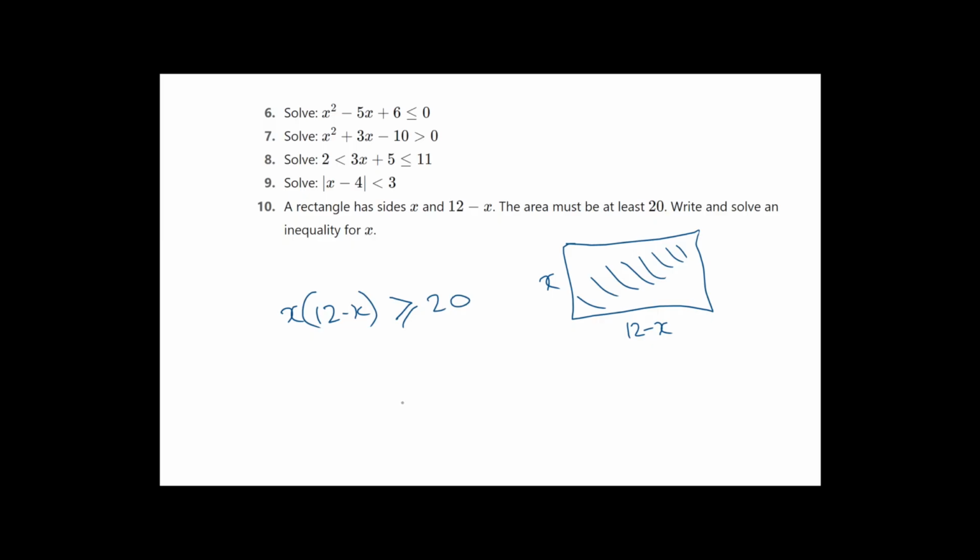I guess what we could do is expand out these brackets. So 12x, and then we're going to get a negative x squared. Ooh, okay. And that's going to be greater than 20.